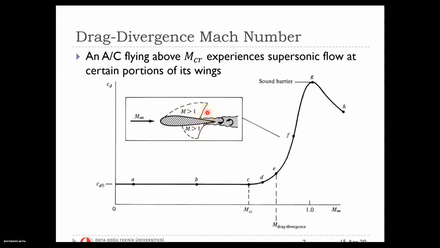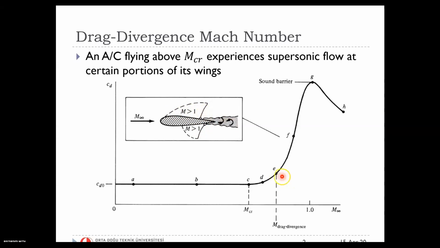This shock wave generates an increase in the static pressure that results in an adverse pressure gradient, and that eventually leads to flow separation. This flow separation results in a significant increase in the drag coefficient.